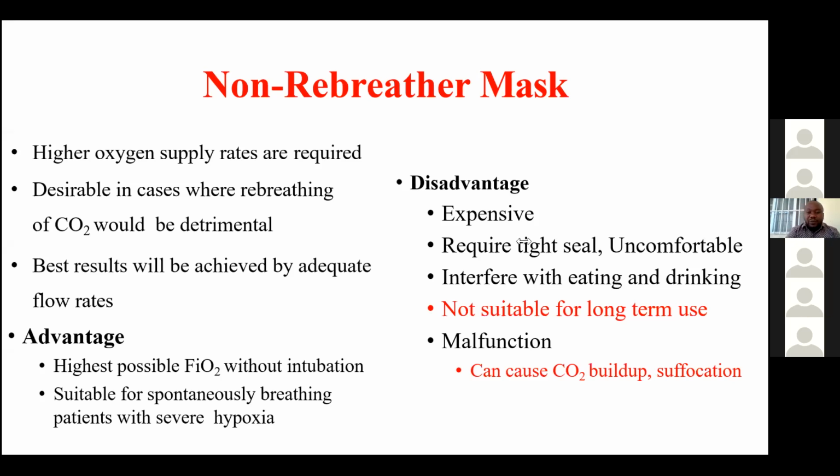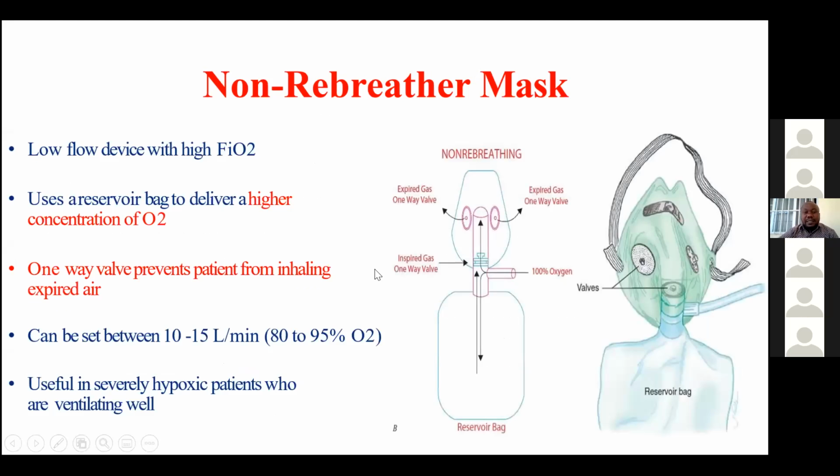Here I want to emphasize this non-rebreather mask. Can we go to the previous slide, please? As you see, we have the inspiratory one-way valve and also the 2 expiratory one-way valves. In most of the health facilities I visited, we find them closing the expiratory one-way valves.